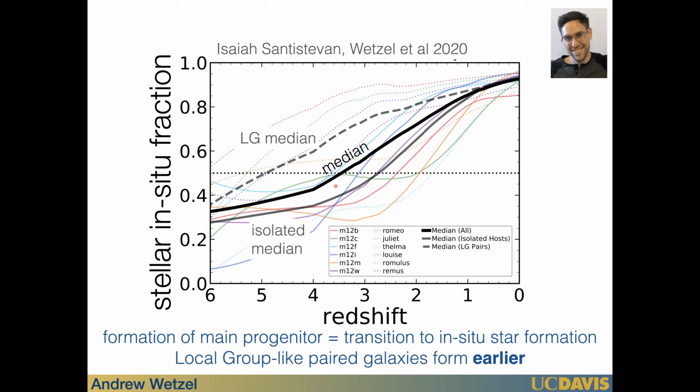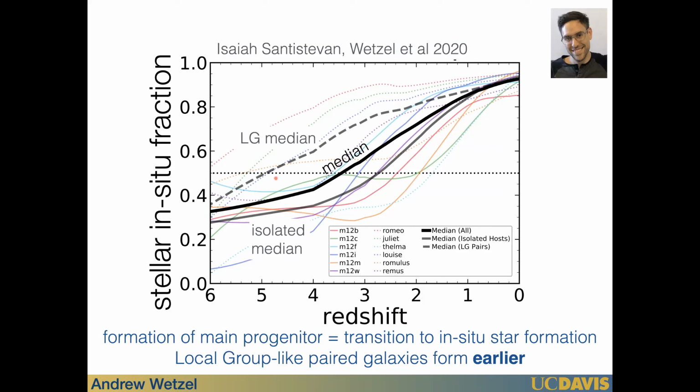But now I also want you to look at when we separate these formation histories by environment. I think this is the most important difference we've seen across all the different things we've looked at, whether it matters if we're simulating local groups versus isolated Milky Ways. The most important difference we found is this one, which is that the host galaxies in local group environments form earlier.